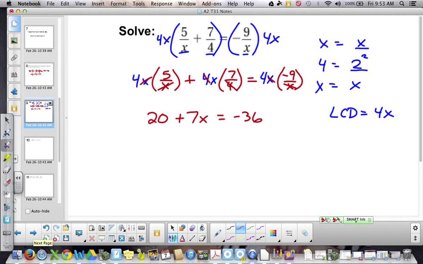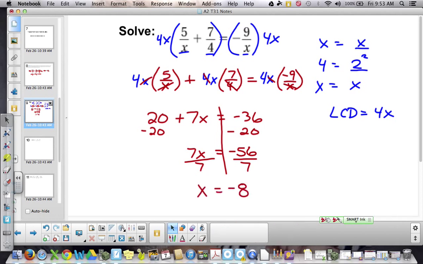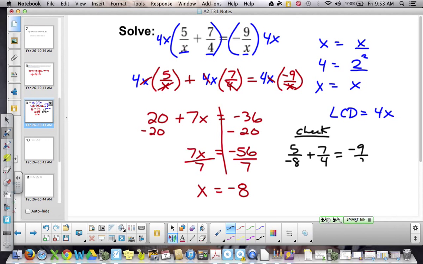Solving that, we subtract 20 on both sides, get 7x equals negative 56, and then divide by 7 to get x equals negative 8. We do need to make sure we check these answers because you can introduce extraneous solutions when we do this. Going back and checking, we'll put 5 over negative 8 plus 7 over 4 equal to negative 9 over negative 8.